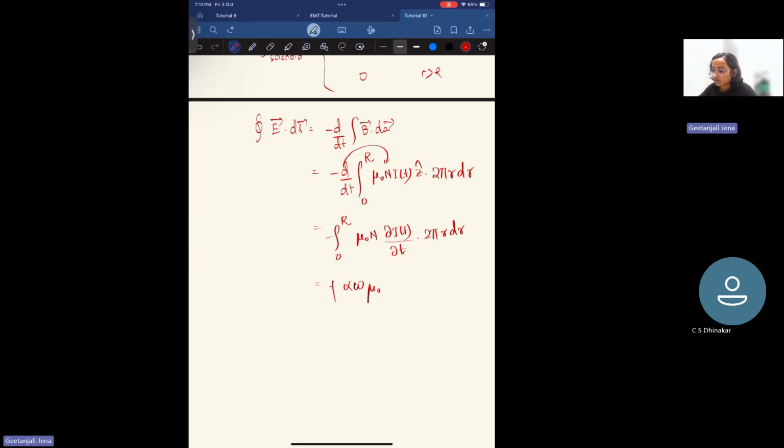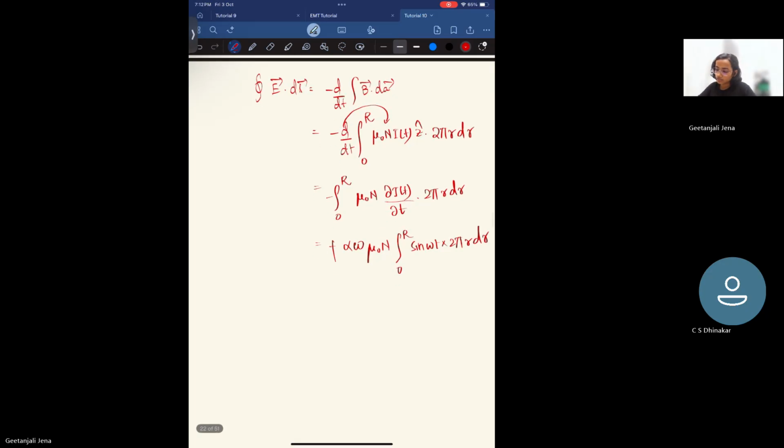This will become mu naught n alpha omega sin omega t times the integral from 0 to r of 2 pi r dr, which is pi r square. So the 2 will cancel, and this will be pi r square.